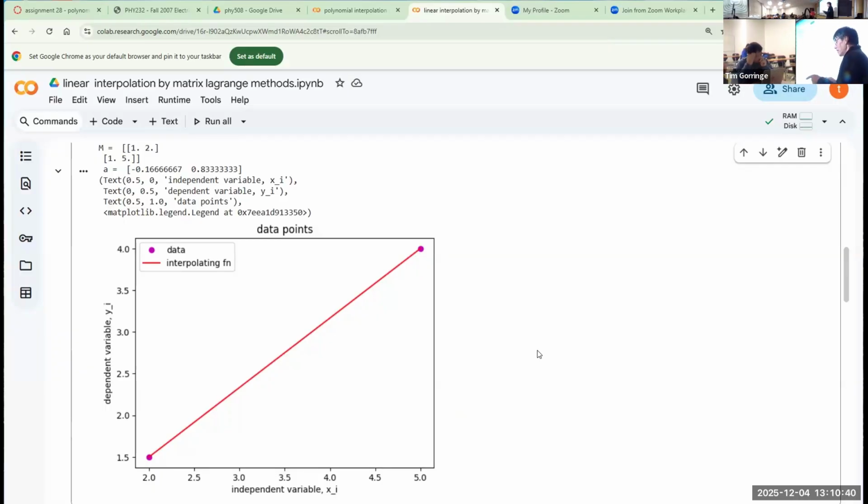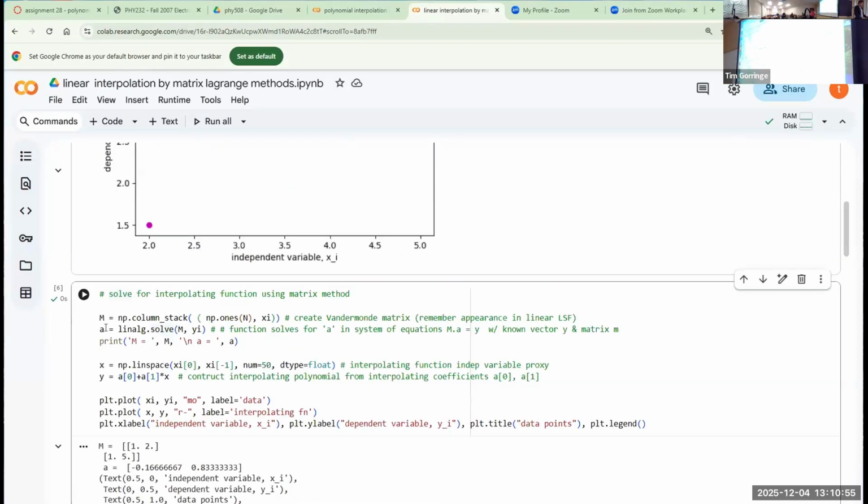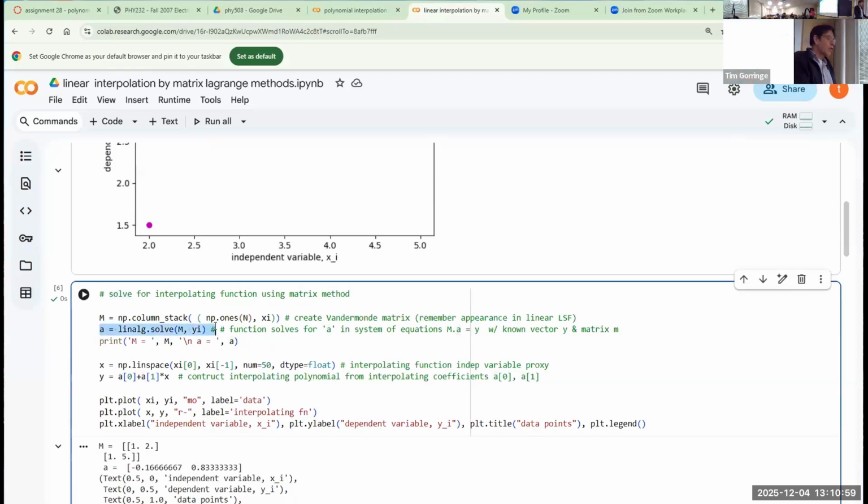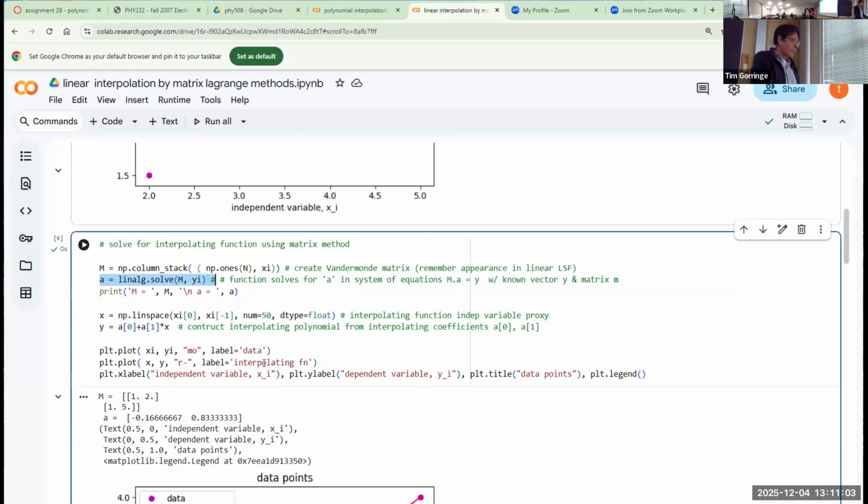This is the unique, lowest order polynomial that passes through the pair of data points. And we solved it with this one line, calling the NumPy or SciPy function, after we constructed our vectors and our matrix.